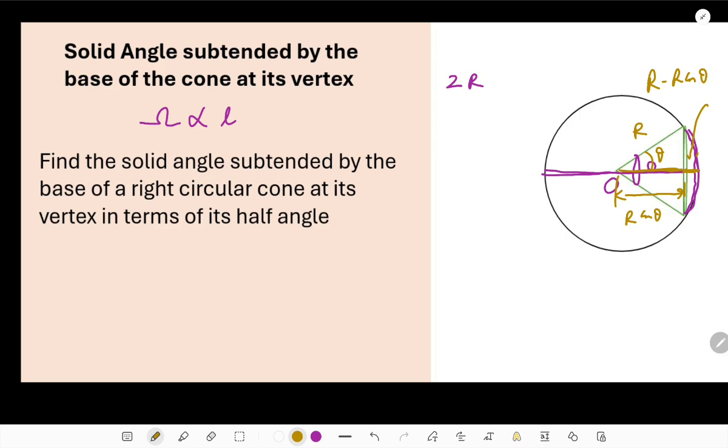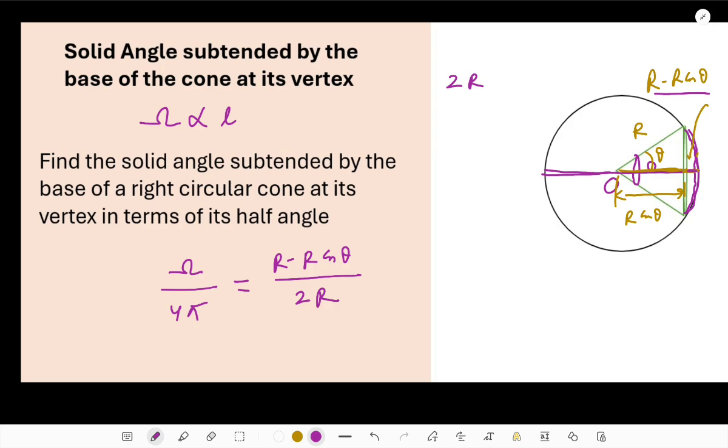And you will see pretty soon that solid angle subtended by the cone divided by the total solid angle subtended by the sphere can be written as this length, that is r minus r cos theta, divided by 2r. And this is the length I was talking about.